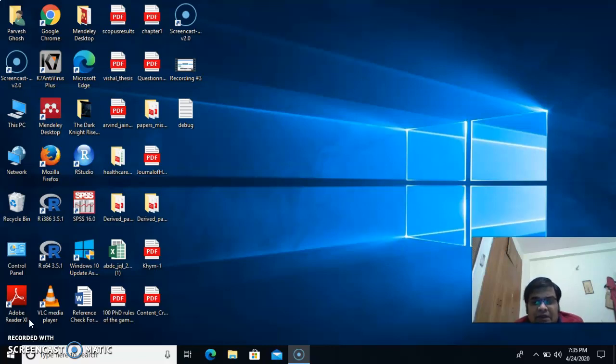Interval data means that if I mention 5 days' temperature, we can find the difference between the first and second day, the second and the third day. The difference can also be measured. So this is where the interval can be measured. The gap between the data can be measured.